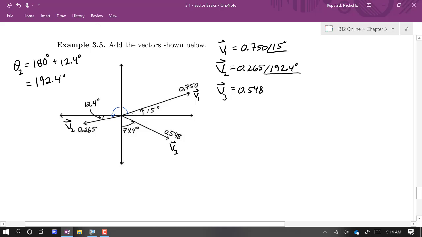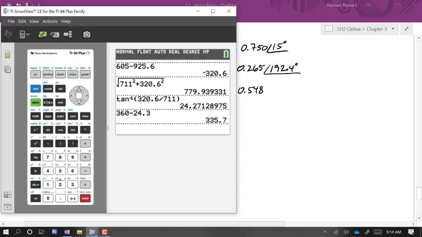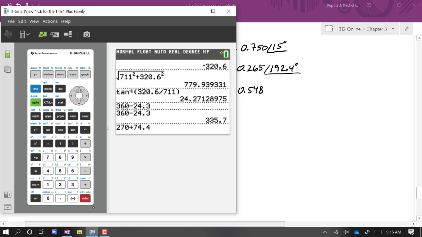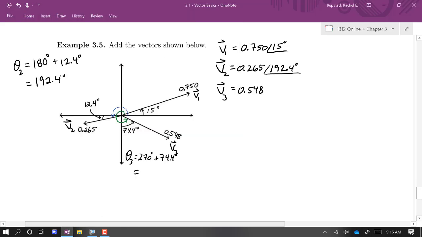So if we want this angle, which we do, then theta 3, the angle for this vector, is 270 plus 74.4 degrees. And that's 344.4 degrees.